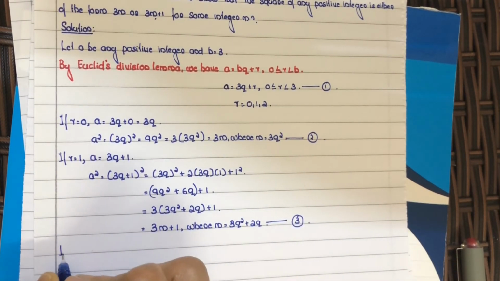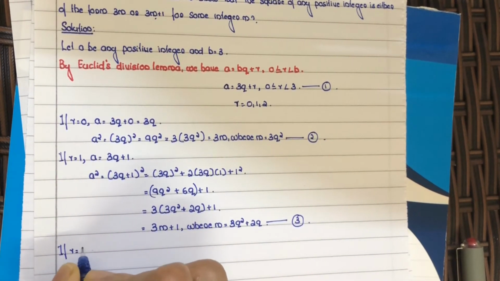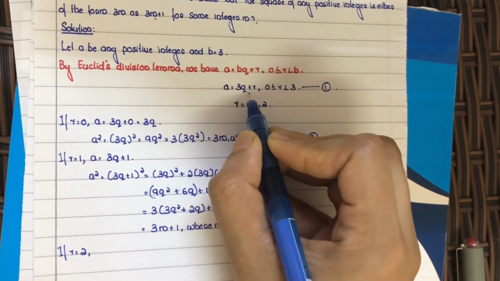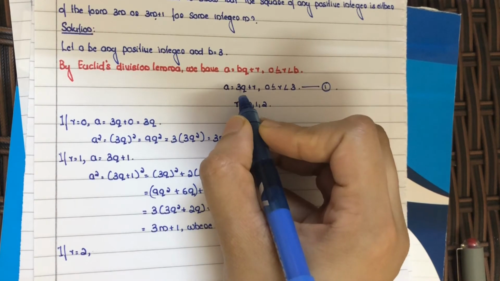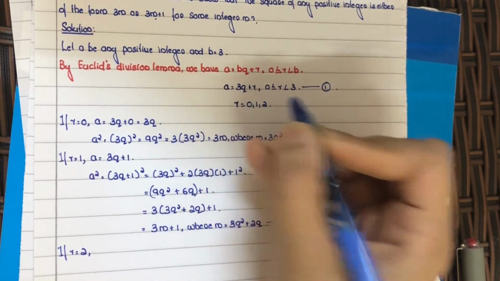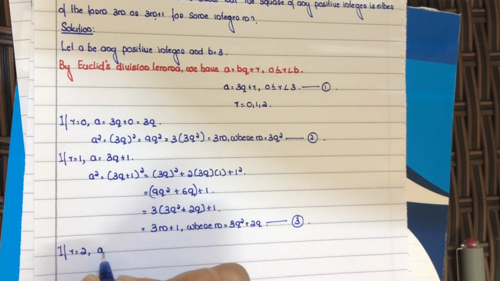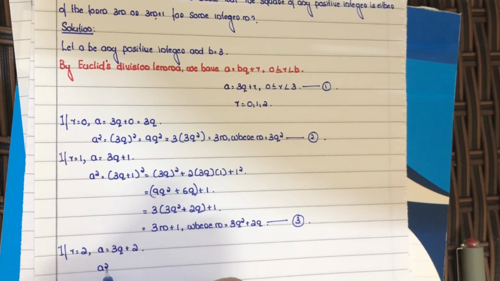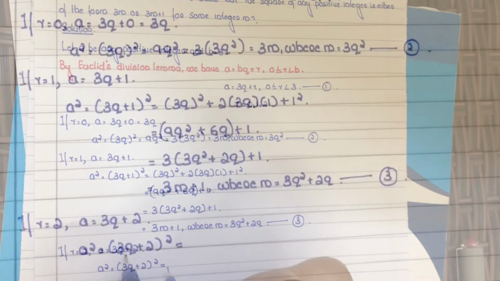Okay, consider this as equation number 3. Next, if r is equal to 2, that is substitute r is equal to 2 in equation number 1. So a is equal to 3q plus 2. Now a square is 3q plus 2 whole square, that is equal to a square.